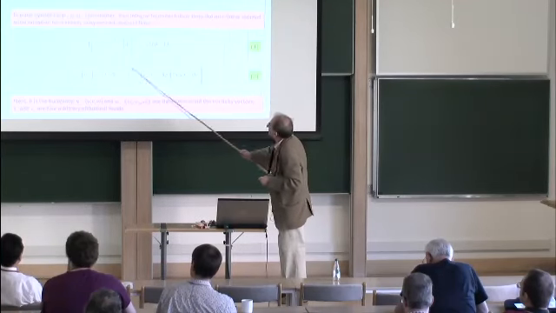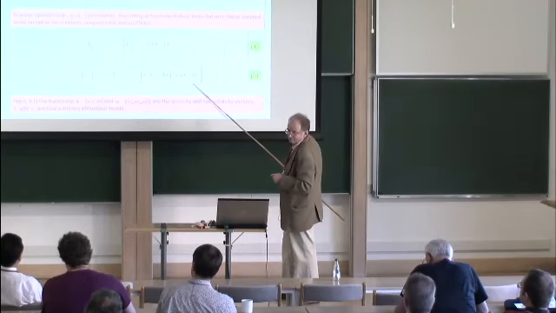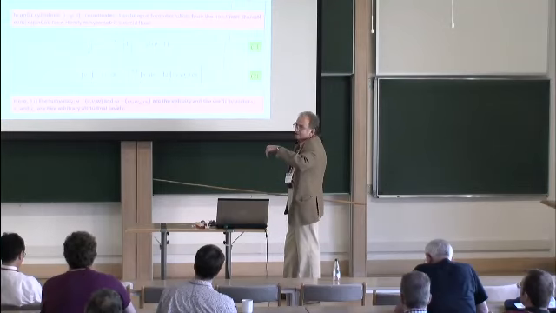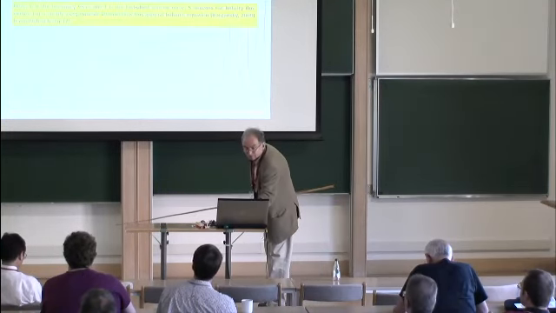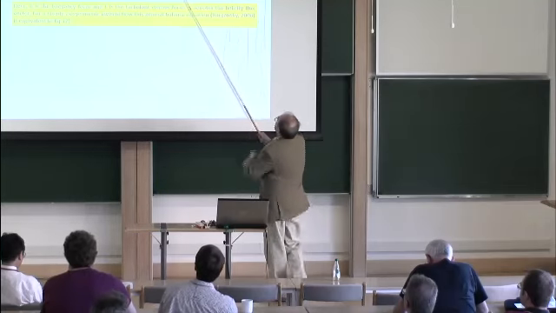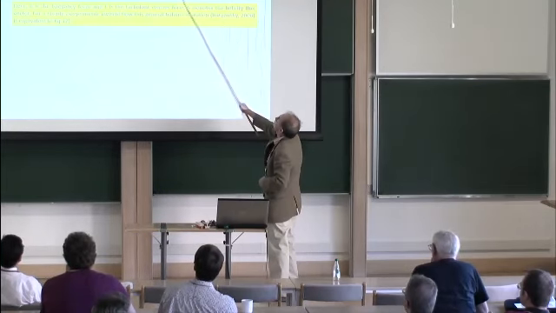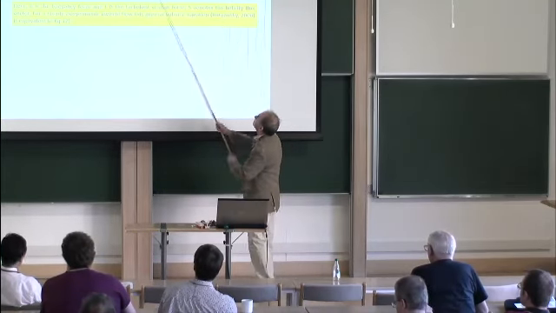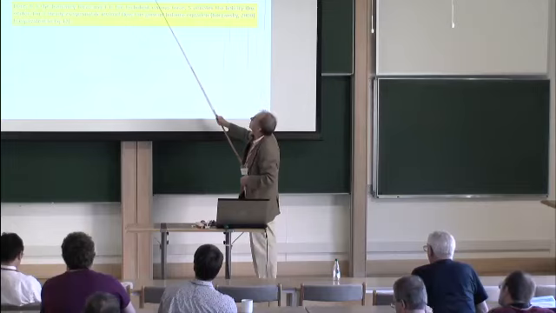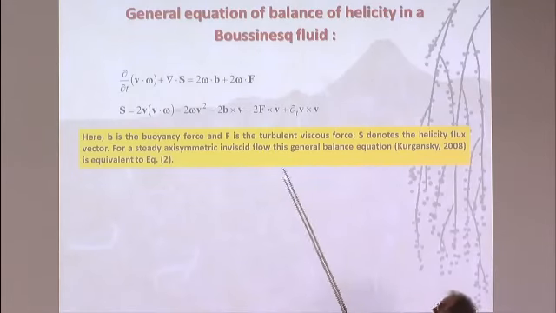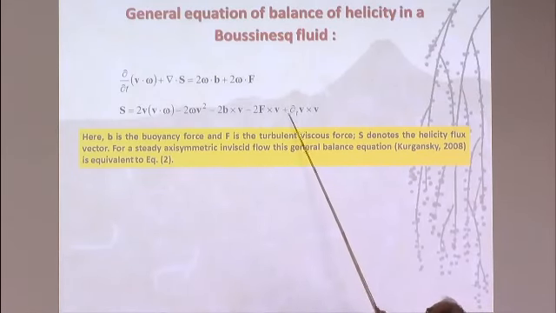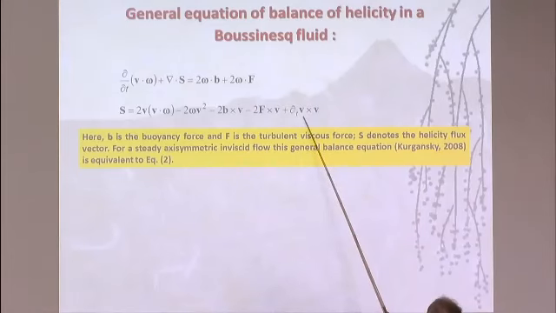And this term in square brackets is the vertical flux of helicity in this model. If you take the general equation of balance of helicity in a Boussinesq fluid, you can write it in a somewhat eclectic form. You can strictly eliminate pressure, which is always not easy to compute because you have to solve a Poisson equation. And to write this term, it's a partial derivative with respect to time.